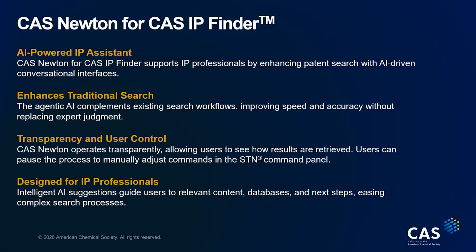SciFinder only accesses CAS databases. STN has way more databases, certainly databases that we maybe don't have as much familiarity with. And we find that IP Finder, or the Newton capability, does a fantastic job of looking into other reasonable databases to go into.